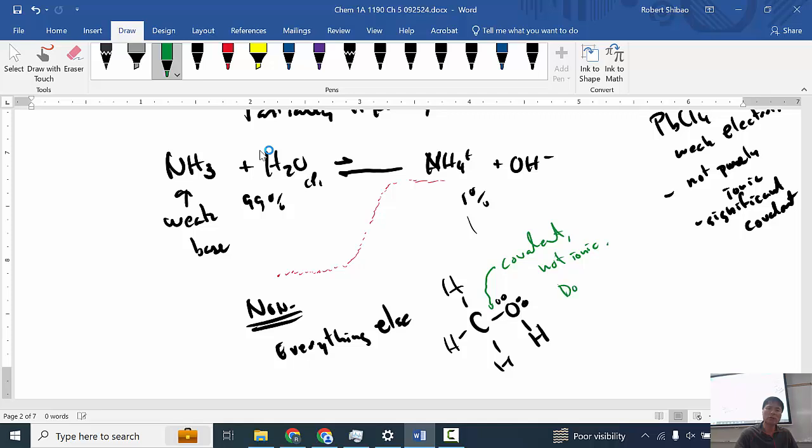It does not dissociate into ions. The molecules stay intact. So there's no lysis. Lysis is like breaking apart the molecule. There's no methanolysis, where we break this bond here. And so methanol just stays as methanol.